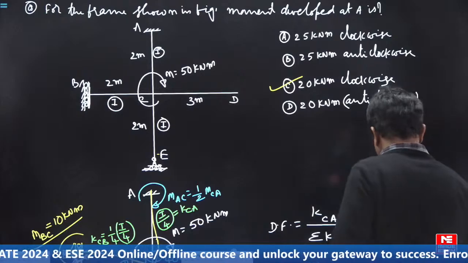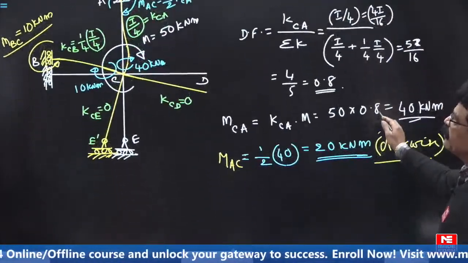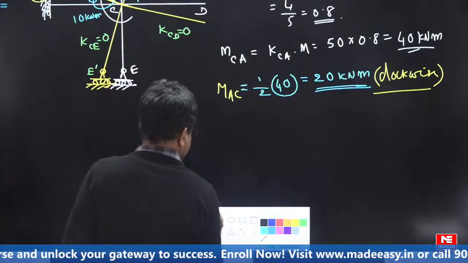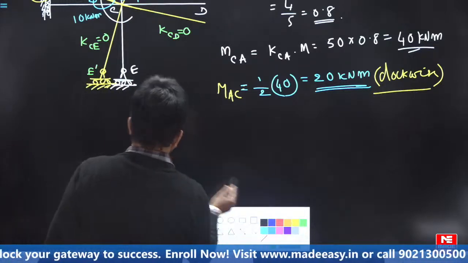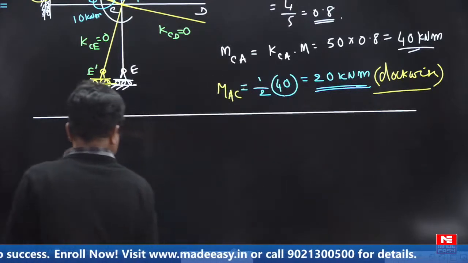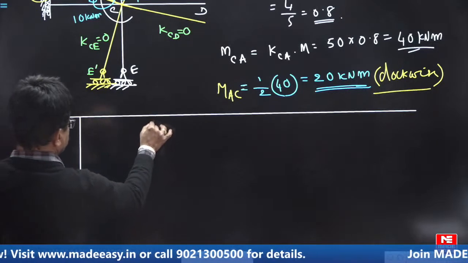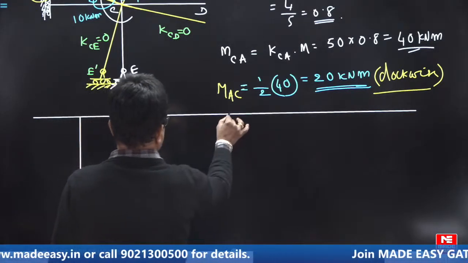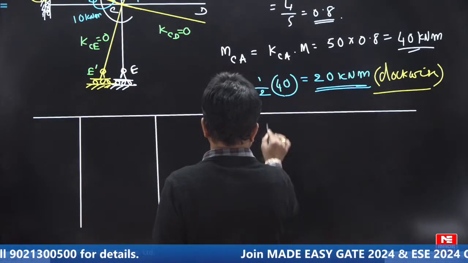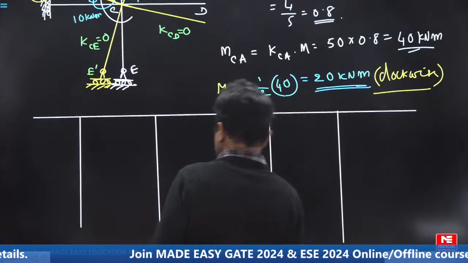Far end is different, then the stiffness value. It's like this. Okay, instead of this one, if I take the table here, we have taken the table, we are familiar with that. Distribution factors are like this. Joint, member, K, sigma K, distribution factor.